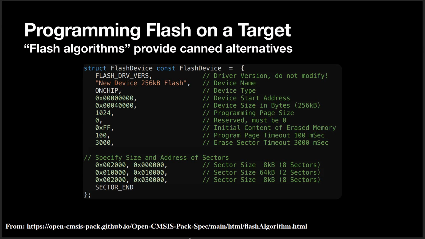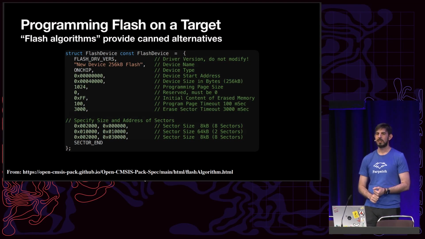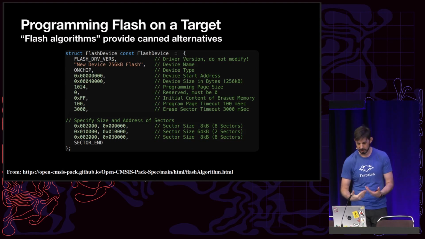This is what probe-rs does, and this is what PyOCD does. But it does mean that you tend to have slightly worse performance, and it can be very difficult to customize this for different targets. So both options are available. You can actually do both in the same project. I believe probe-rs at least supports custom Flash algorithms. But by and large, this is how you would actually program Flash.